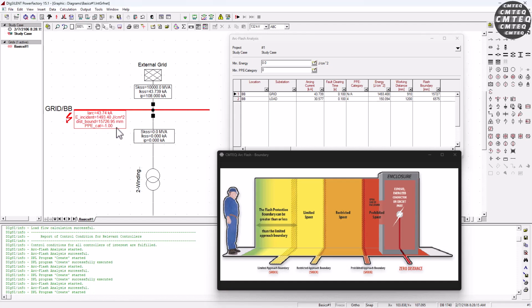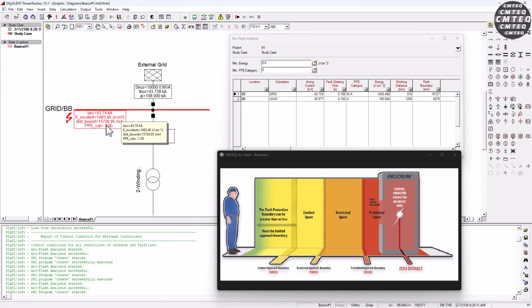Now, if you take this in terms of practicality, it might make a bit of sense because at ultra high voltage systems like 132 kilovolt or 400 kilovolt systems, technicians are actually never working within the hazard zone.